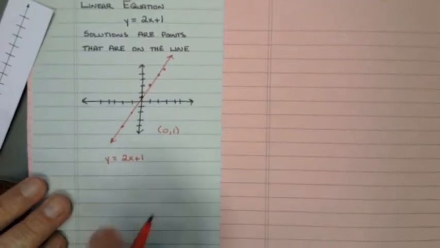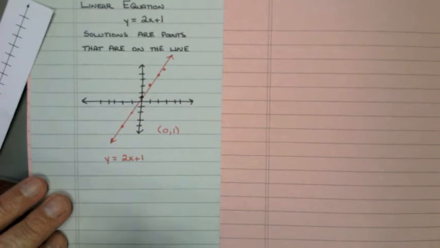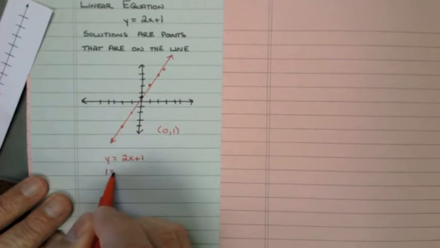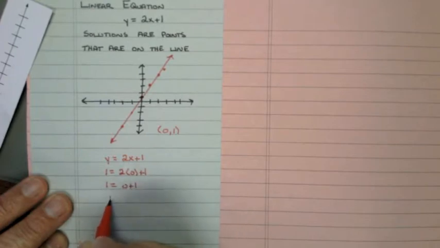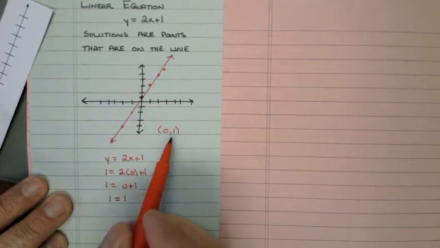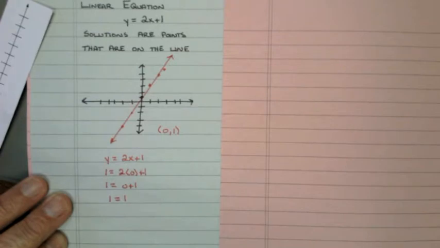I'm going to plug these numbers into this, and I'm going to show you that this is a solution. My y coordinate is 1, so 1 is equal to 2 times 0 plus 1. 1 is equal to 0 plus 1. 1 is equal to 1. This one is a solution.